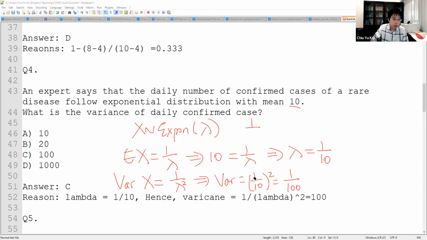Sorry, typo here. It is 1 over 1/10 squared, so it's 100. Okay.